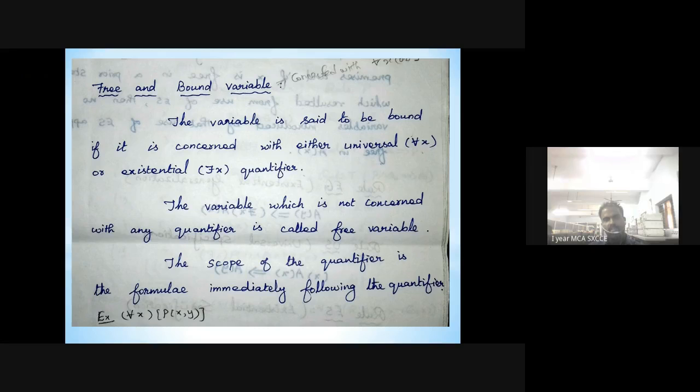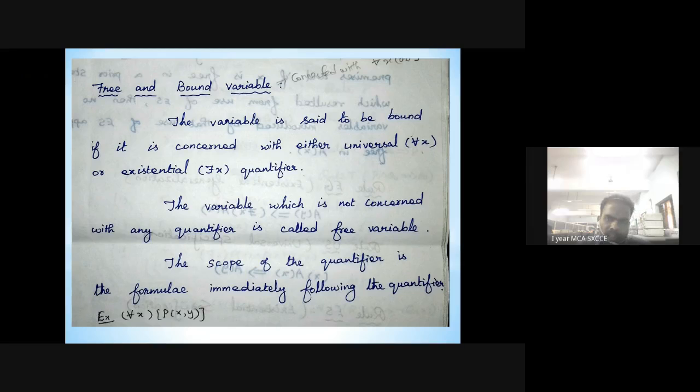Now we have two kinds of variables, free and bound variable. The variable is said to be bound if it is concerned with either universal or existential quantifier.